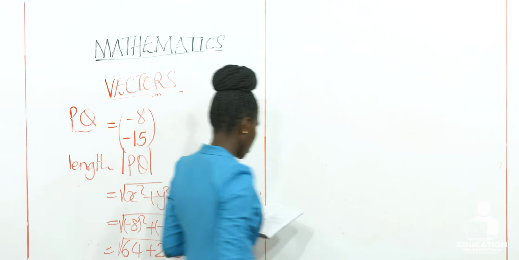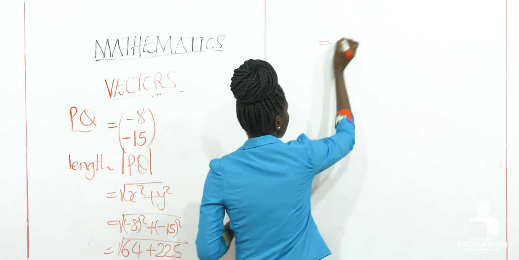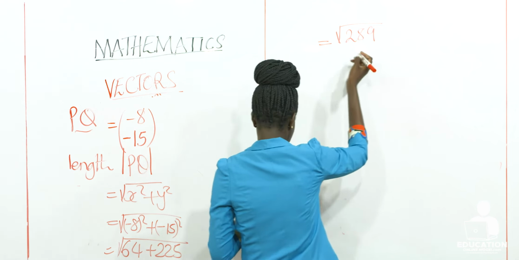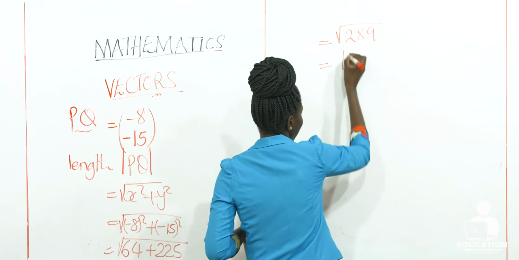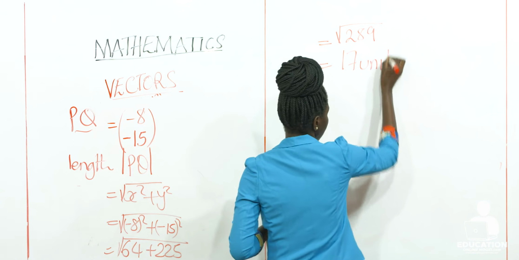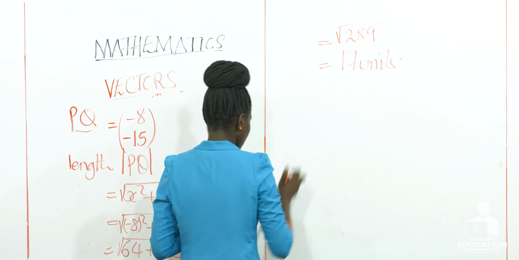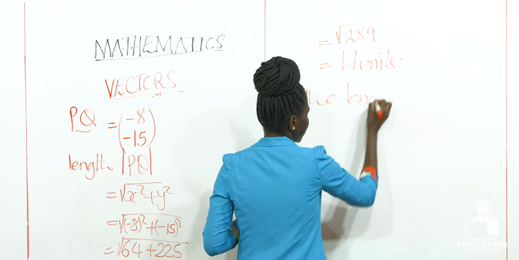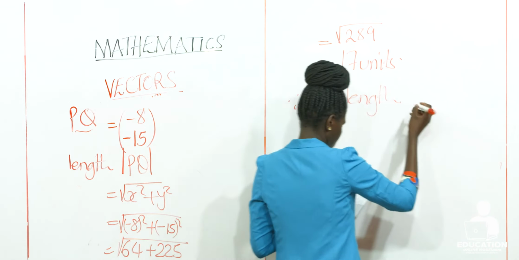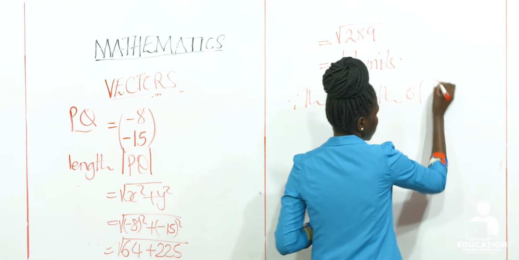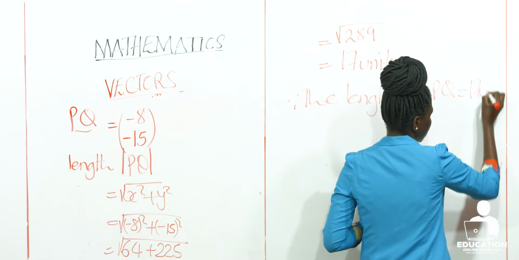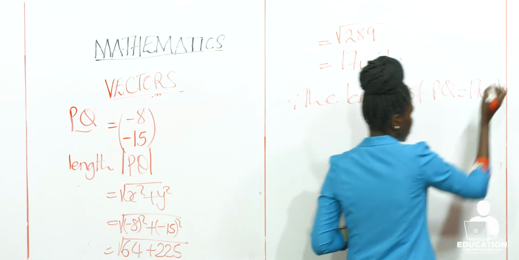So when we continue with this, we shall have square root of 289, which will give us 17 units. So we are saying therefore the length of PQ is the same as 17 units.